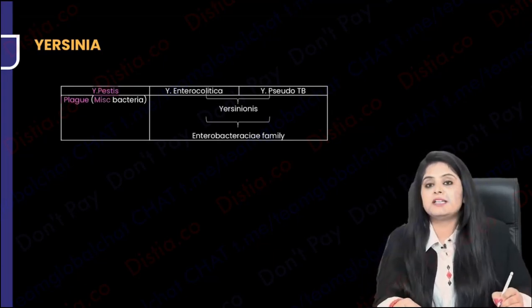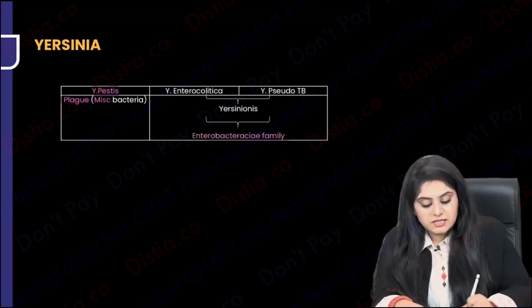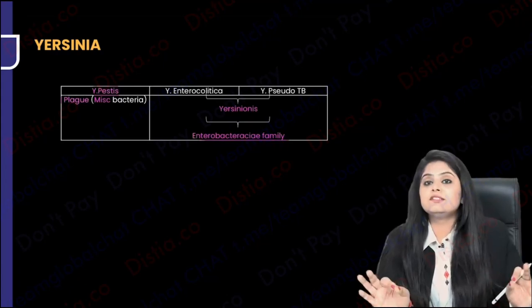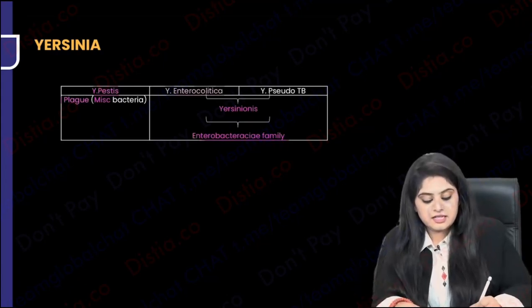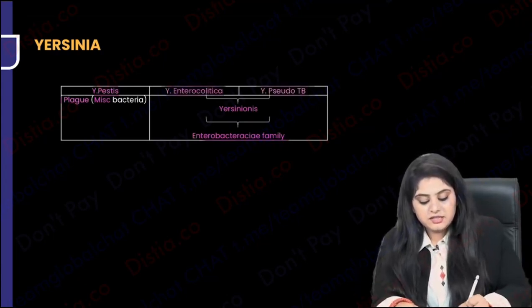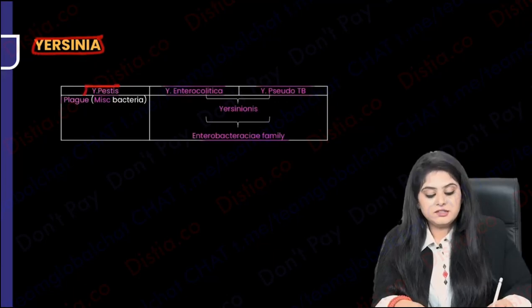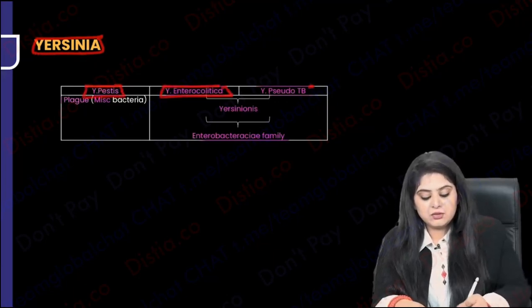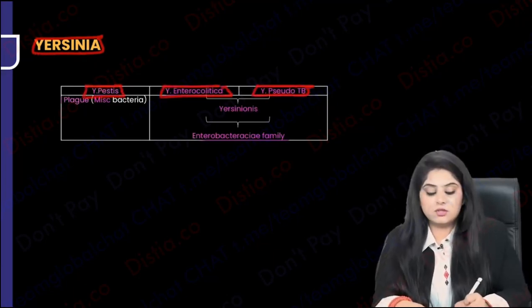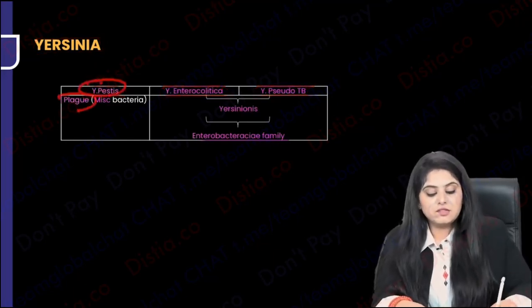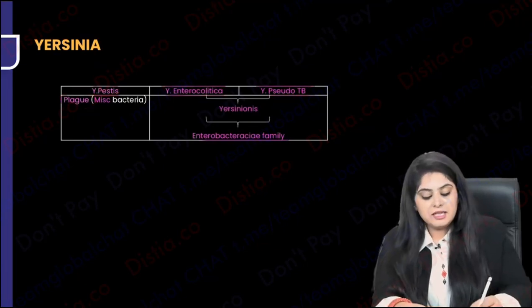It's a miscellaneous bacterium. What comes under the Enterobacteriaceae family is known as Yersiniosis. These are Yersinia enterocolitica and Yersinia pseudotuberculosis. So the tribe Yersinia has Yersinia pestis, Yersinia enterocolitica and Yersinia pseudotuberculosis, out of which pestis causes plague but is not a part of this family.